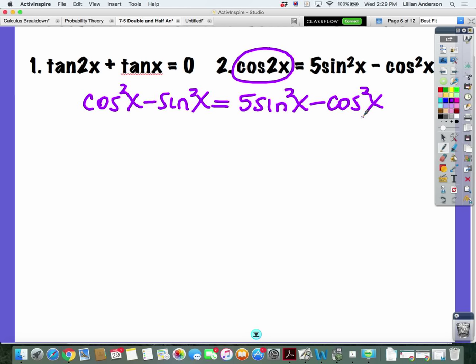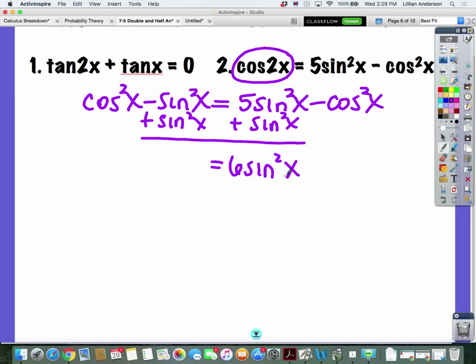What do you want to do here? Put them on the same side. So I'm going to add a sine squared x to this one. What does that turn into? And I'm going to subtract a cosine squared x on both sides. What does that turn into? All these things equal 0.